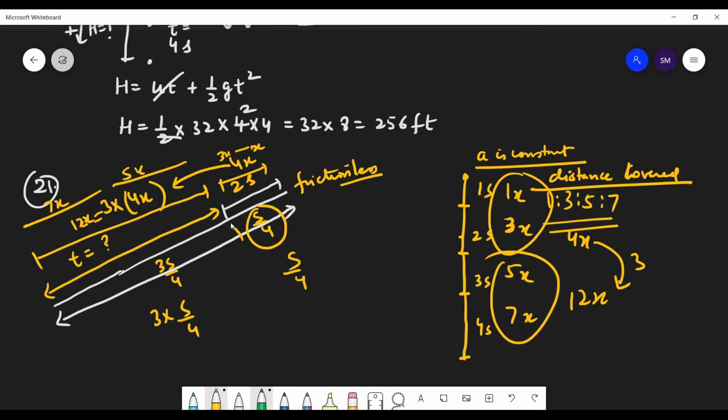Yes, sir. तो कितना टाइम लगा ये? बेटे ऑब्जेक्टिव टाइप क्वेश्चन है. कितना टाइम लगा? बेटे 16 कैसे लगेगा? फर्स्ट सेकंड में आपने x ट्रेवल किया, सेकंड में आपने 3x ट्रेवल किया, नेक्स्ट सेकंड में आपने 5x ट्रेवल किया, फोर्थ सेकंड में आपने 7x ट्रेवल किया.